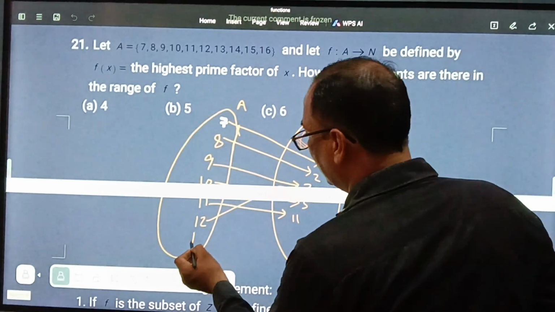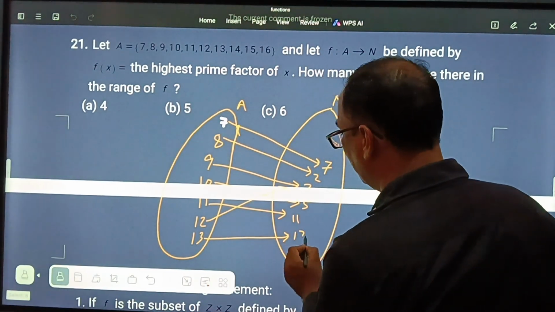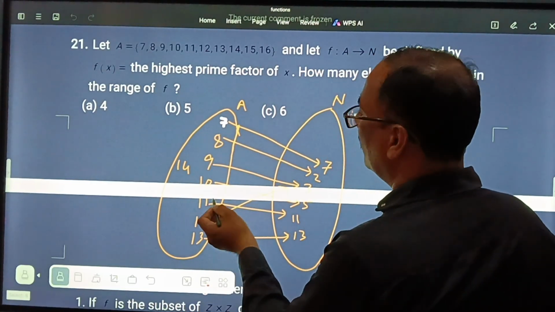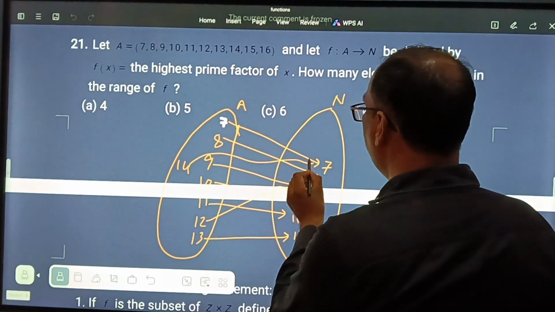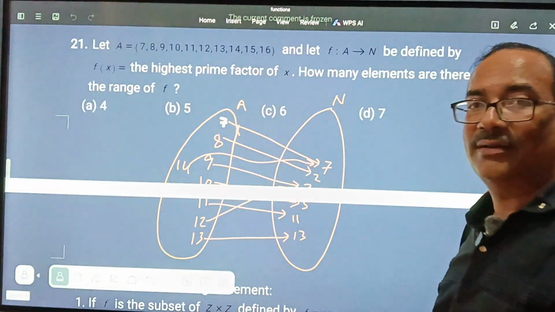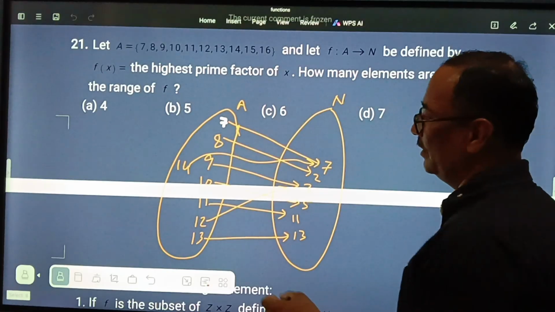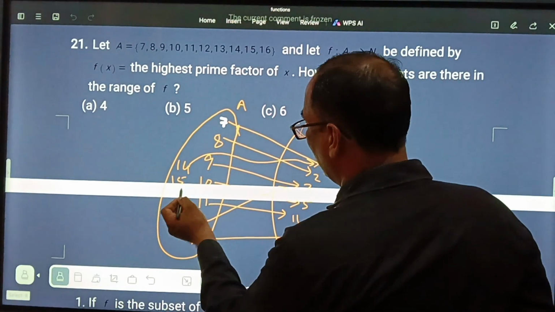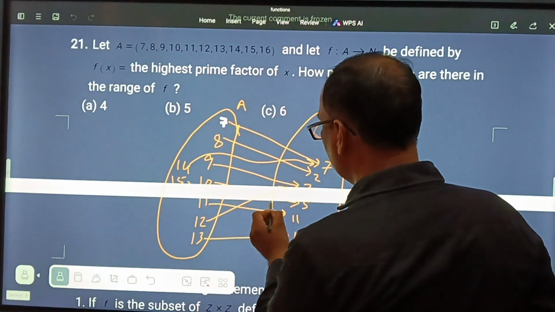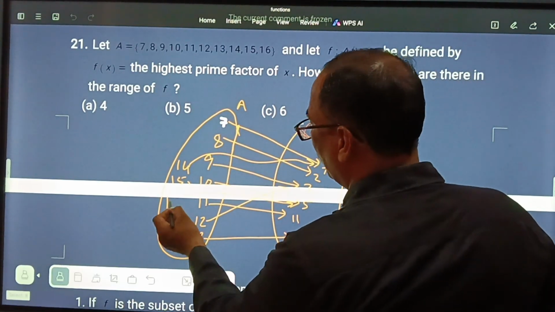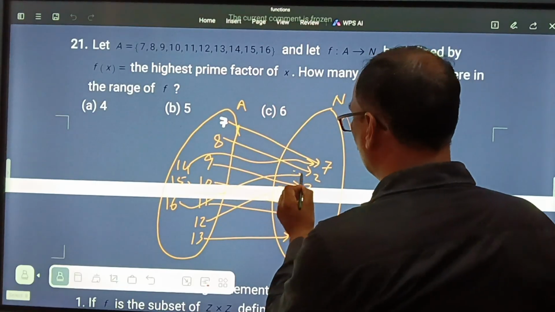Then 13 is represented by 13. 14 is related to 7. The prime factors of 14 are 2 and 7. The highest one is 7. Now 15 is 3 times 5, so the number is related to 5. And lastly 16, the prime factor is only 2.